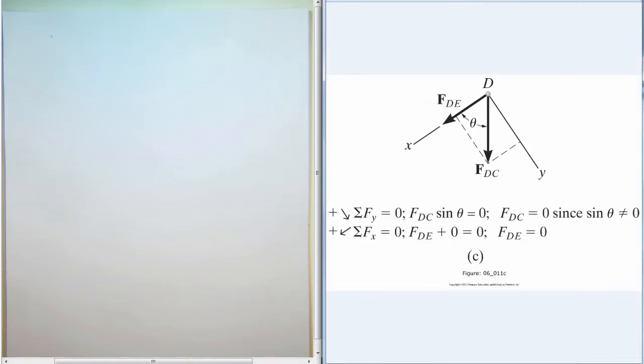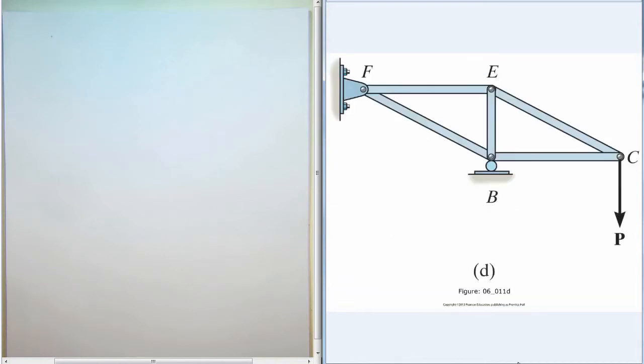So we'll look at the free body diagram for joint D, and again, these have to be 0, because if FDE was non-zero, for example, then there would be no way for FDC to keep the joint from moving horizontally, because FDC has no component in that direction. So those are zero force members. And here's the truss redrawn with the zero force members removed. So that's good to keep in mind because it simplifies the analysis of trusses.